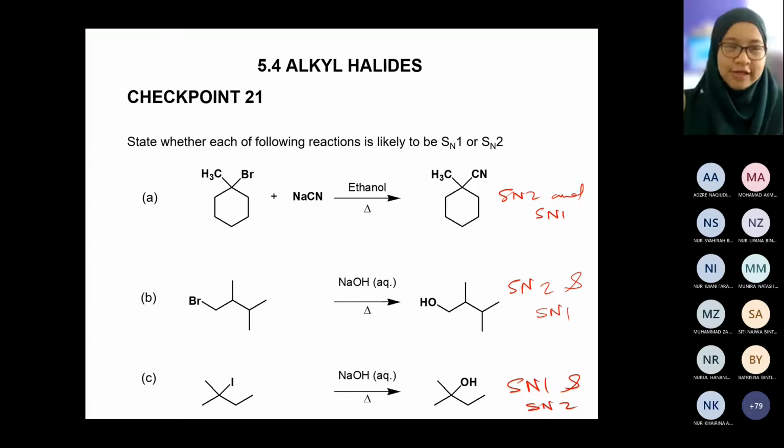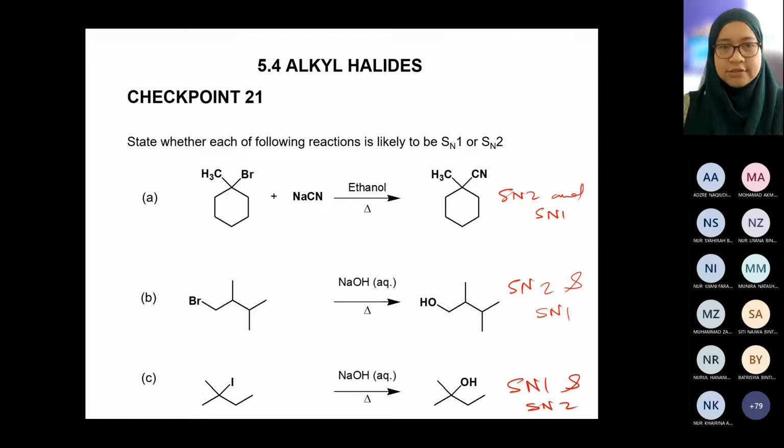Okay, alright. So let's go through the question. State whether each of the following reactions is likely to be SN1 or SN2. Okay, alright. So these are all alkyl halides. We have to determine the type of reaction that this molecule prefers to undergo.